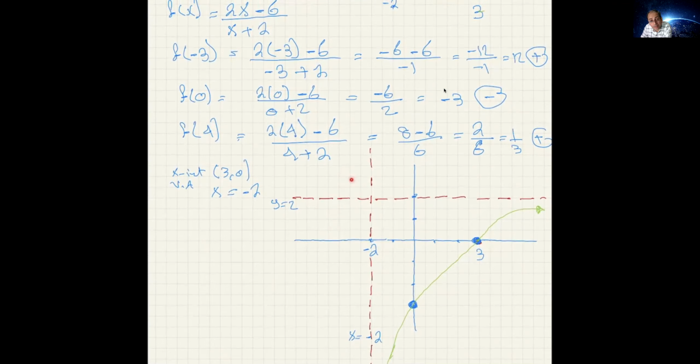It must be here because it's positive, okay? And also because I learned from this function that it does not cross the horizontal asymptote, therefore the function must be here. And then I graph the function like that. So here's my function.